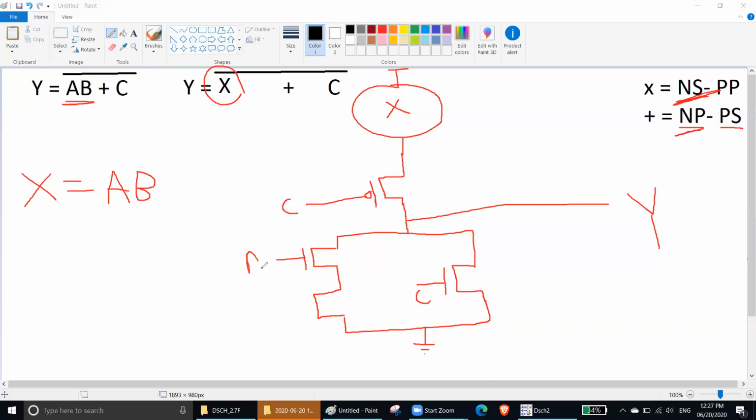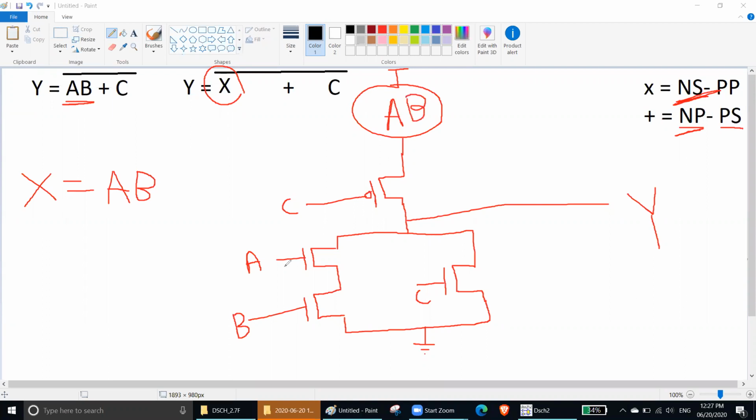This is your A, this is your B. This X part will be your AB as well, because X is actually not X, it is actually AB.